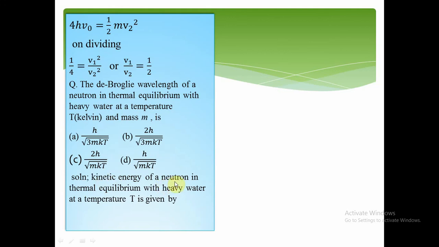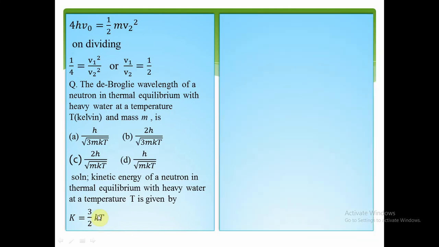The kinetic energy of the neutron in thermal equilibrium with heavy water at a temperature T is given by 3/2 kT, where k represents the Boltzmann constant. And we know that the momentum of the neutron is given by square root of 2 m K. Substitute the value of this kinetic energy from this equation to here.